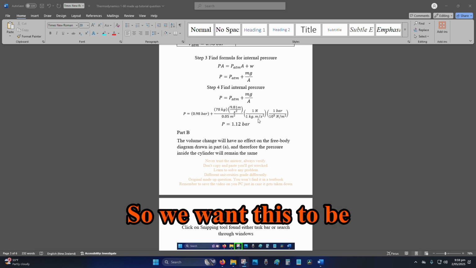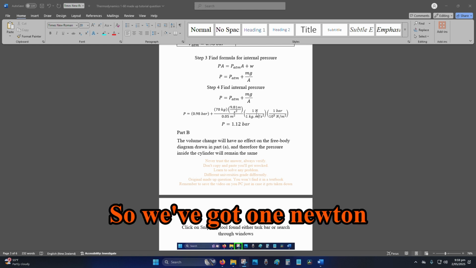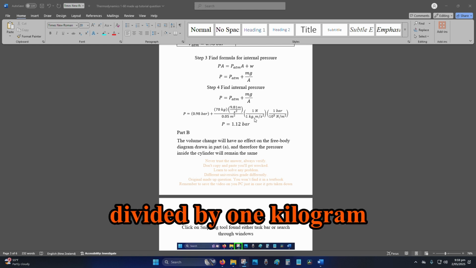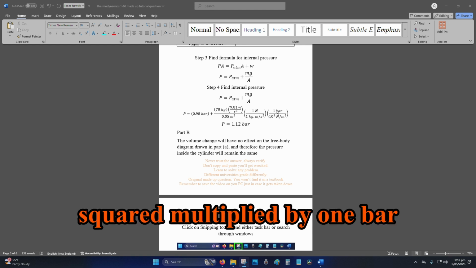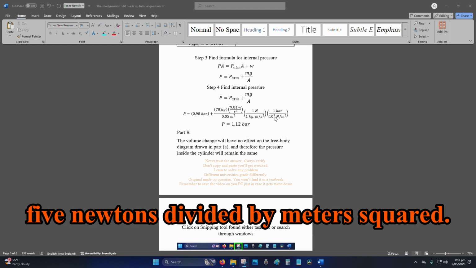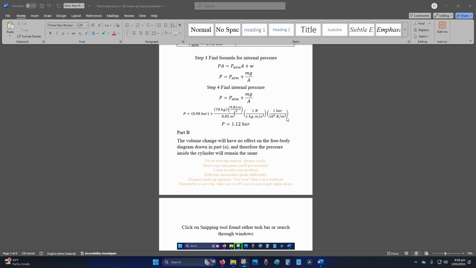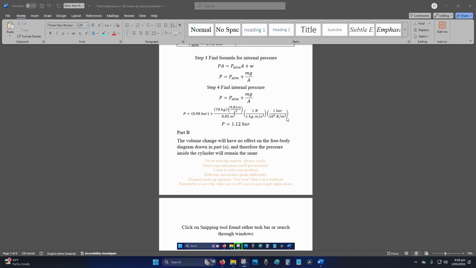We want this to be in bar for the units. So we've got 1 Newton divided by 1 kilogram meter per second squared, multiplied by 1 bar, equal to 10 to the power of 5 newtons per meter squared. That will cancel out all the units and you're left with 1 bar.